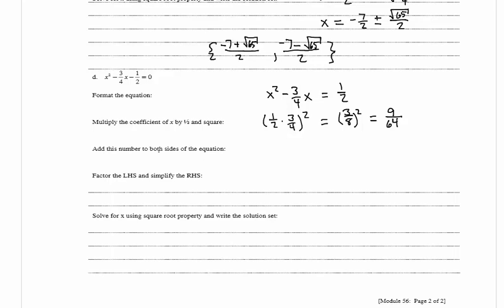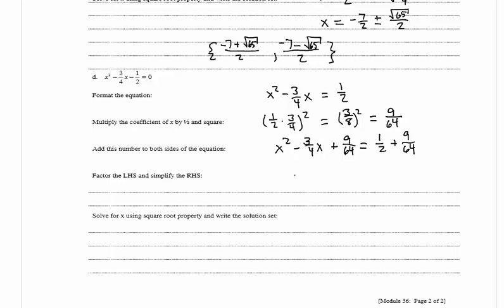And now they want us to add this number to both sides. So we have x squared minus 3/4 x plus 9 over 64 is equal to 1/2 plus 9 over 64. And now factor the left-hand side and simplify the right-hand side.